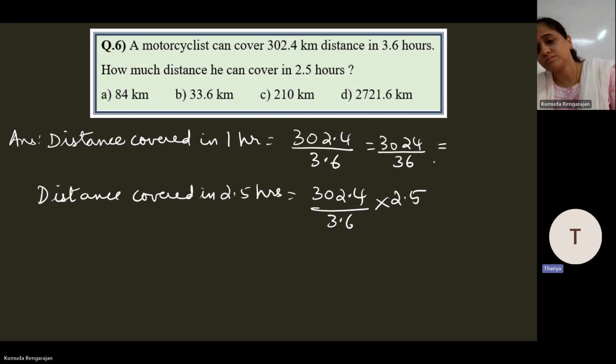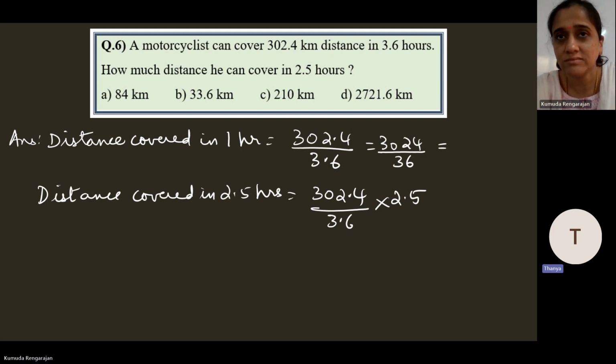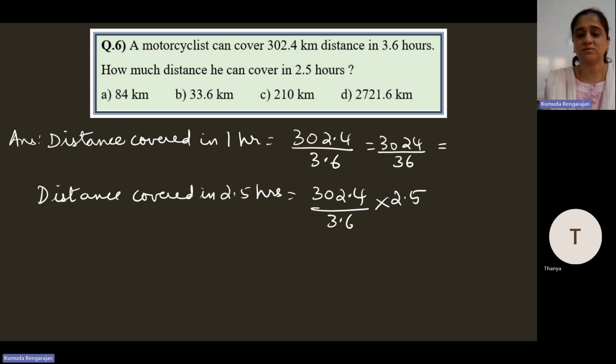Ma'am, I got the answer. Okay, what is 3024 by 36? Ma'am, actually, I did it in a different way, which they have taught me in school. So the final answer which I got is option C, 210. Okay, fine.